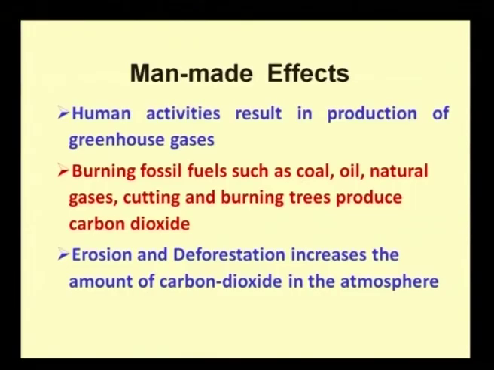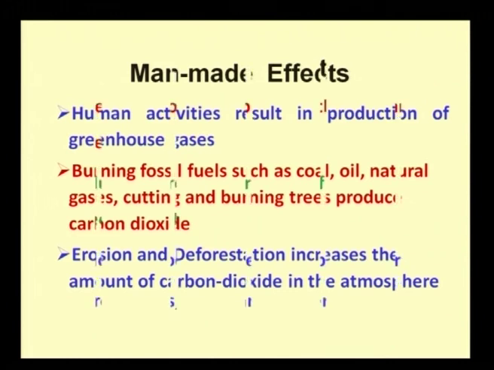And now, what are the ways in which human beings are enhancing the greenhouse effect? See, the burning of fossil fuels such as coal, oil, natural gases, and cutting and burning trees produce a lot of carbon dioxide, and erosion and deforestation increase the amount of carbon dioxide in the atmosphere.